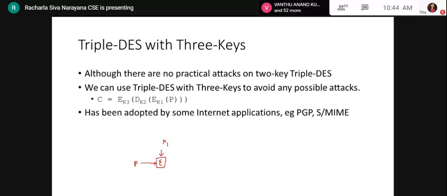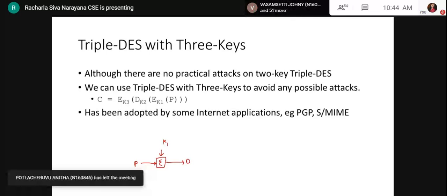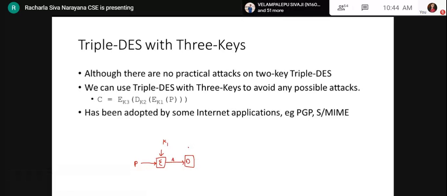Here we are getting the ciphertext A. This ciphertext is decrypted with K2 and then we get ciphertext B. This ciphertext is again encrypted with K3 and then we get ciphertext C. Okay, this is the encryption.